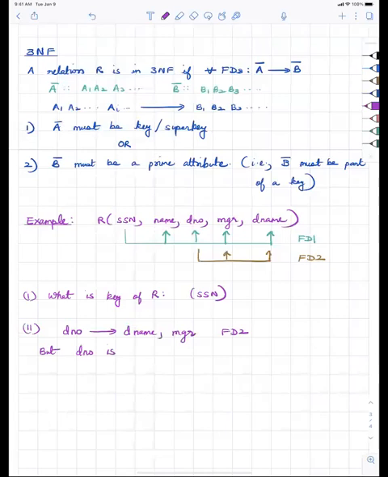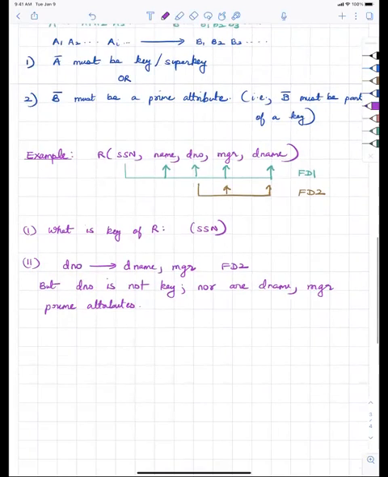D number is not a key, and nor are D name and manager prime attributes. So therefore, this implies that R is not in 3NF. Okay, so R is not in third normal form.